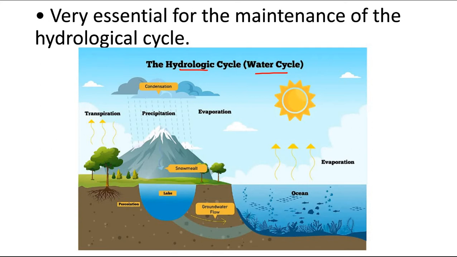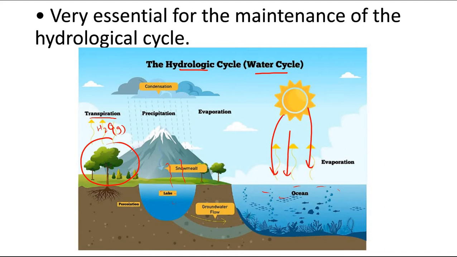Here you can see there are plants and various things. So plants and so on, they release water, H2O is the symbol for water, in gaseous form, that is water vapor. That process where plants release water vapor is called transpiration. Now at the same time, the sun is going to heat up these water bodies like the oceans and lakes.